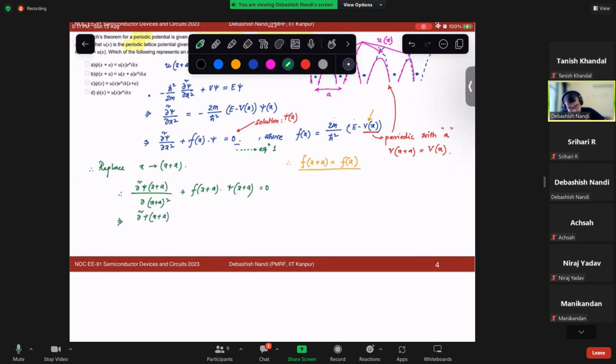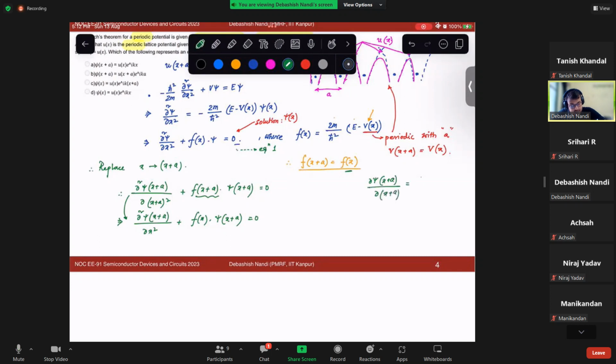d square over d of x plus a square plus, we know that this is f of x, into this equal to 0. Can I write this from this? Is that okay with you? Even if not, let's say d of psi of x plus a over d of x plus a.